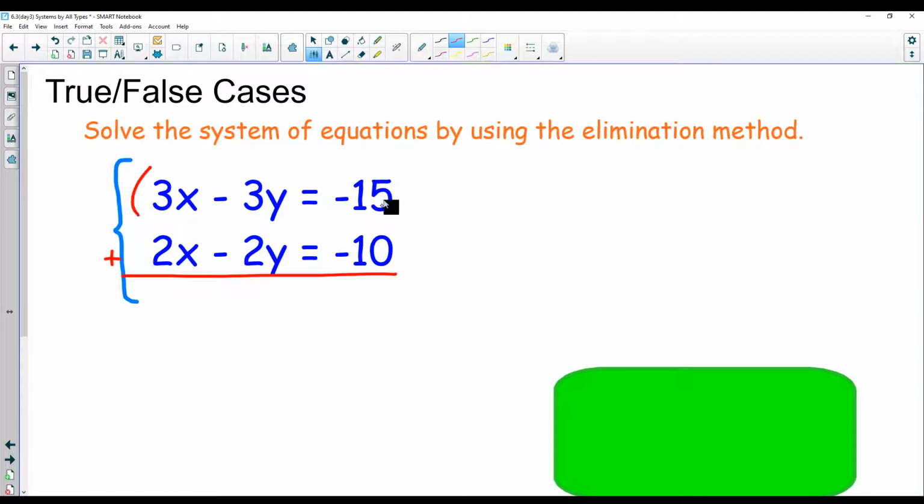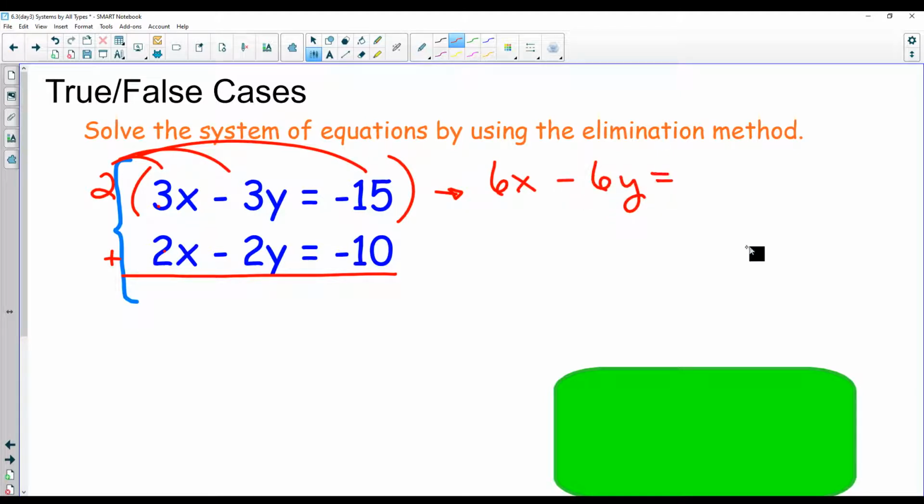All right, so the top equation, I'm going to try to turn these into sixes. If one of them is a 6 and the other is a negative 6, we'll be good to go. So if we multiply the top, everything by a 2, we would have 6x minus 6y equals negative 30.